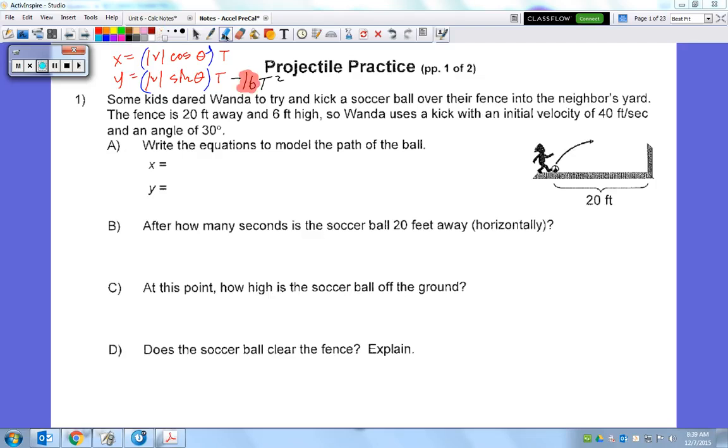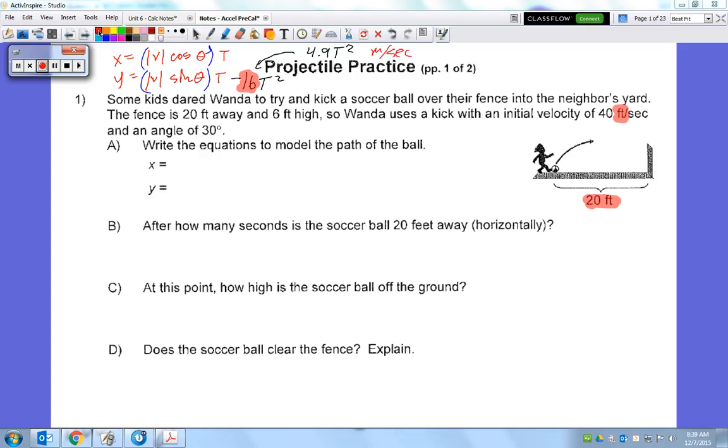Now, in this case we're going to use 16 because we're talking about feet. The other one that we were looking at before would have been the same thing. The only difference was instead of 16, you would have had a 4.9t squared. So if you have 4.9t squared, it's because you're talking about something in meters.